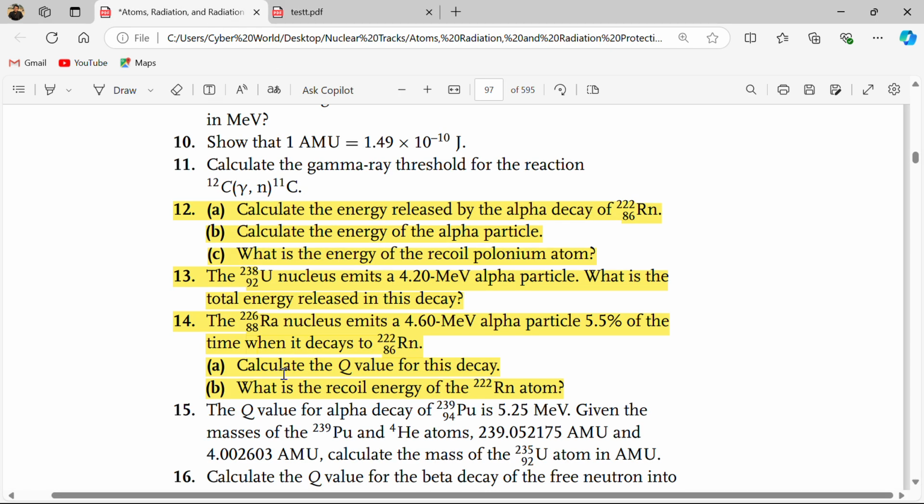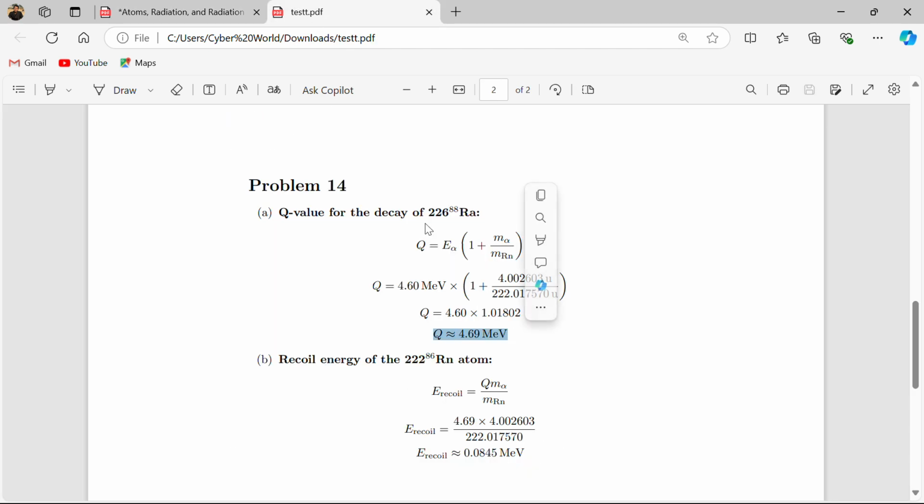Now the second part of this problem is to find the recoil energy. Here E alpha is given and Q we found here. So we can easily find the recoil energy, because we know that the total energy Q must be equal to the sum of both.